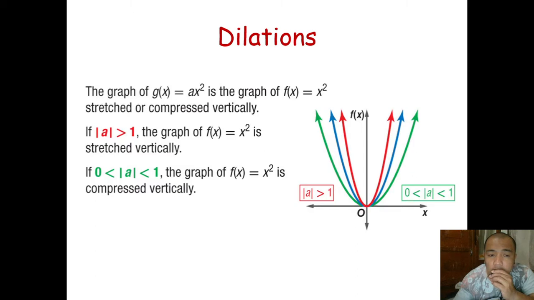And if the absolute value of a is between 0 and 1, the graph of f of x equals x squared is compressed vertically. Yan. Compress pag between 0 and 1. Pero pag absolute value of a is greater than 1, it's stretched vertically.